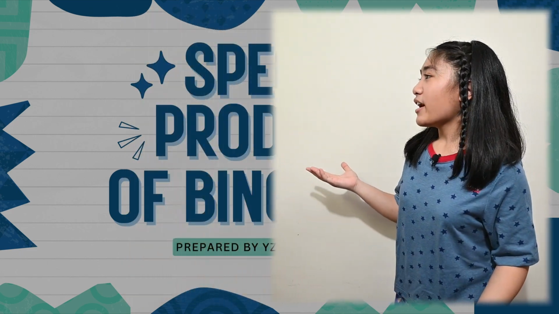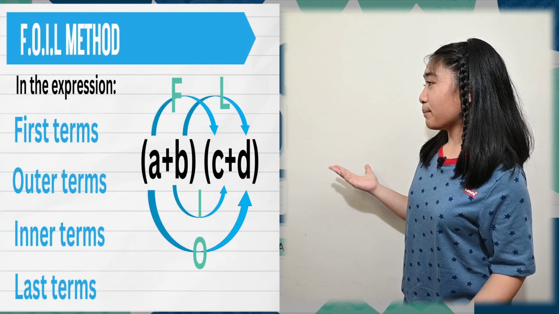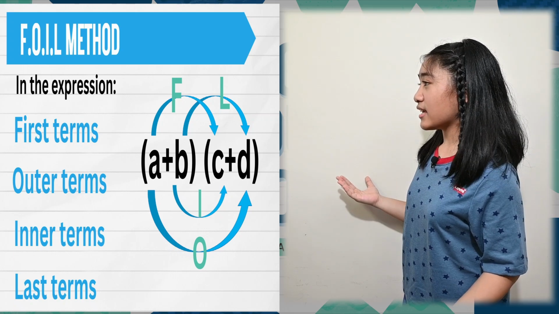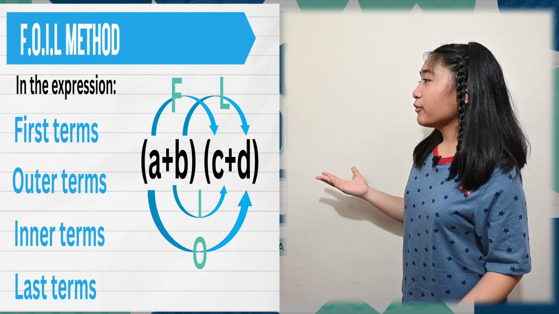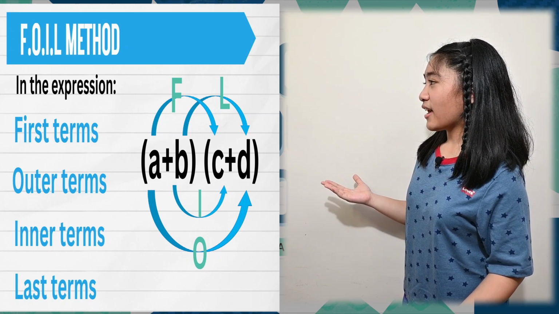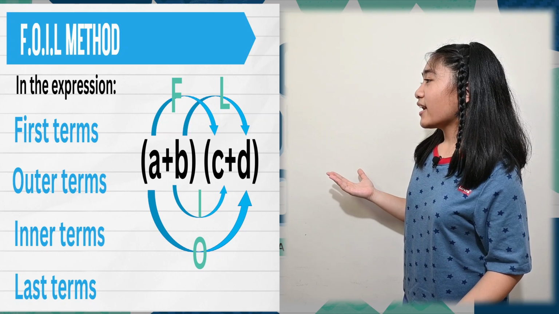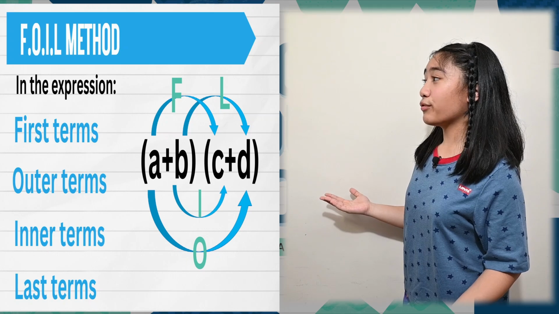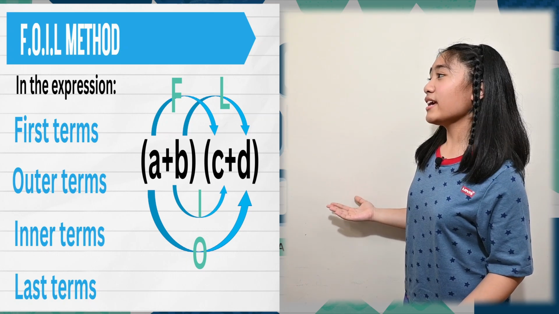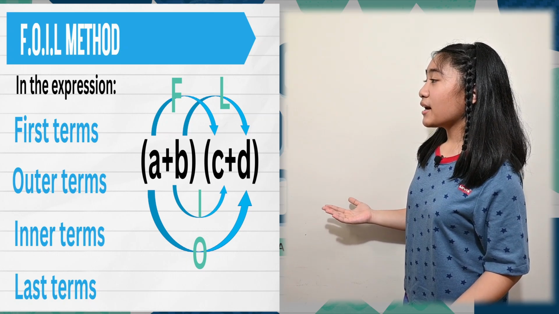In the expression, the product of the sum of A and B with the sum of C and D, the first terms are A, C, the outer terms are A, D, the inner terms are B, C, and the last terms are B, D. Combining them in accordance to the FOIL method, we have AC plus AD plus BC plus BD. Remember that the FOIL method is only used for multiplying two binomials. Otherwise, you'll end up being foiled.